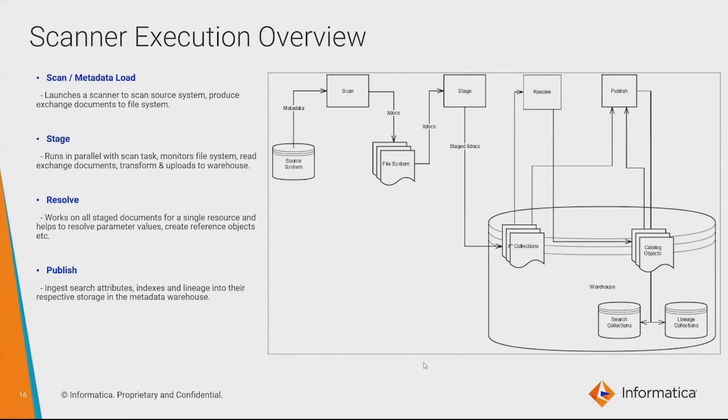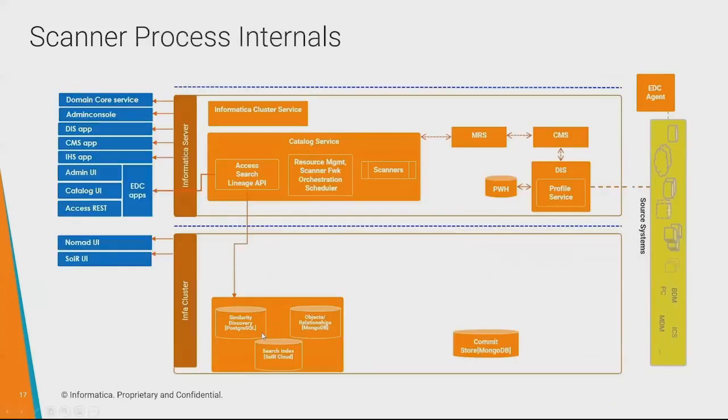Right, so this is at the high level. And now if we get into the actual execution flow in the architecture, the first step is that the scanner framework launches an application on Nomad. That's where you see that Nomad application gets spawned in the info cluster, which is the Nomad MongoDB based cluster.